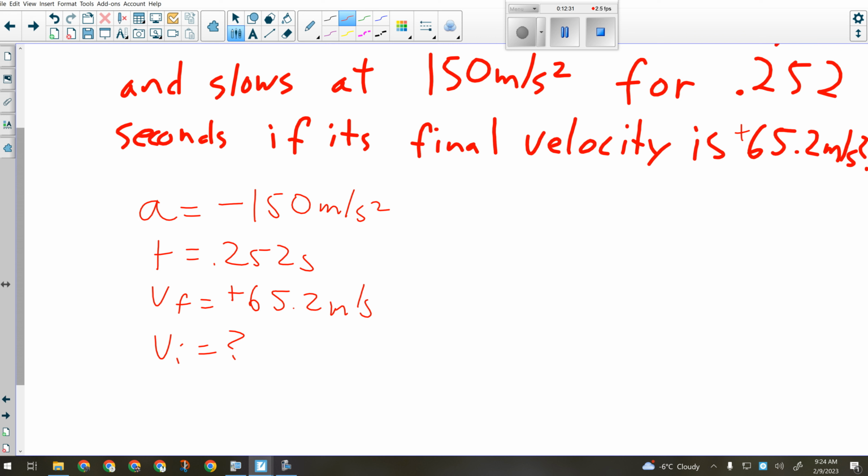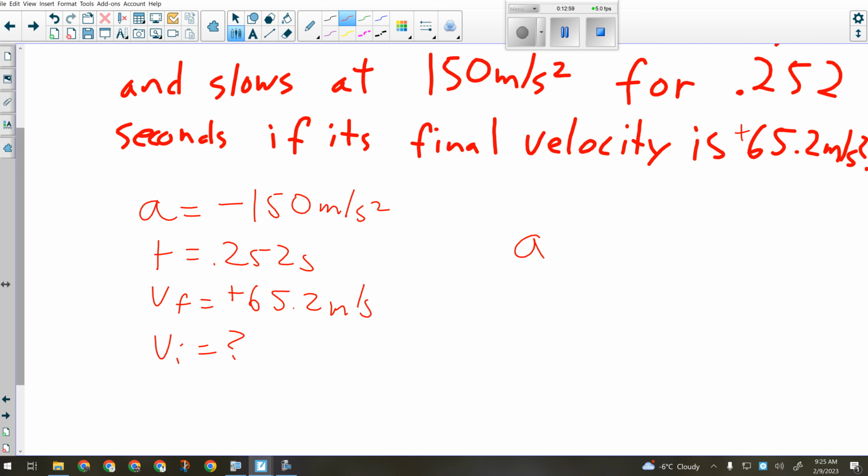What formula should I use? Vf squared equals Vi squared plus 2ad. Do I have d? Oh no, I don't think I can use that one. Vf minus Vi divided by t.